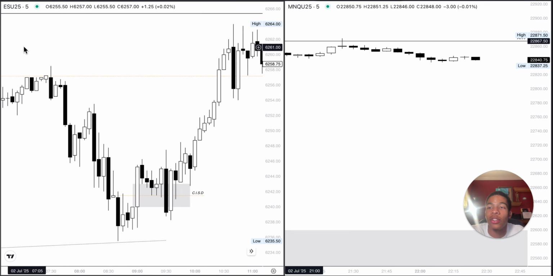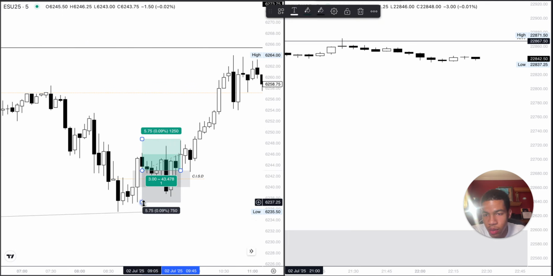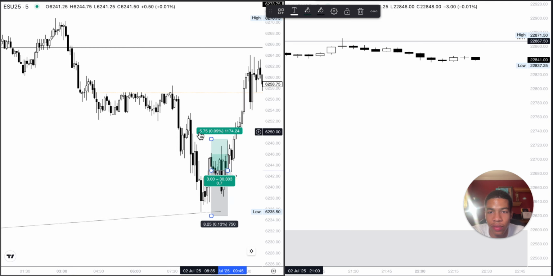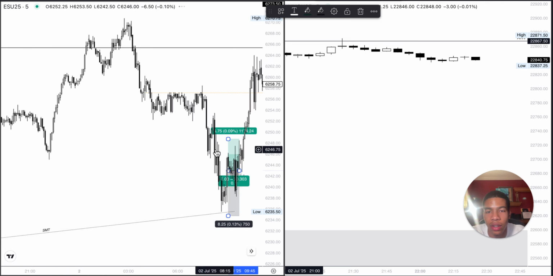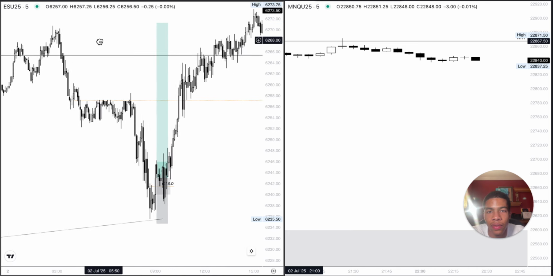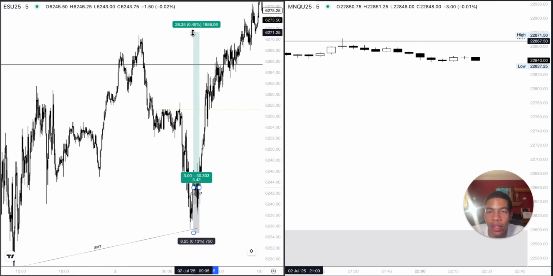I would use smaller size. Now, I would take the trade right here, put it near the pivot low at this range. Where would I target? Target the London highs right here. And that would be my trade. That would be my setup.